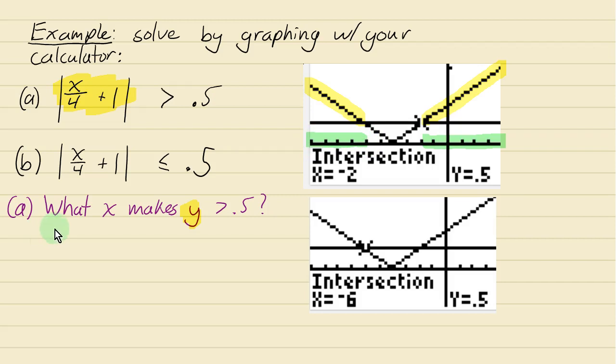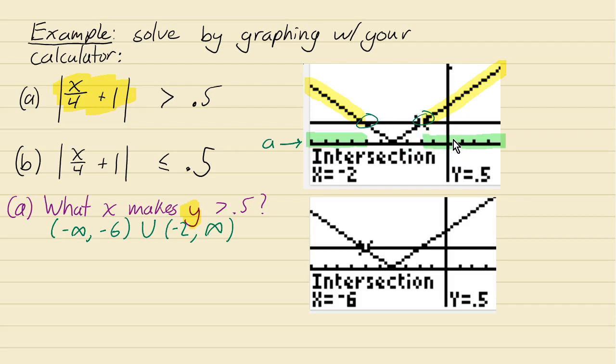We could say from negative infinity up to negative 6 is one part, union with negative 2 up to infinity. That gives you that stuff I just shaded there. So I'm using this graph, but of course both of these results, whether you're talking about this point or this point, are important for both parts A and B. But I'm just using this one to show the answer for A.